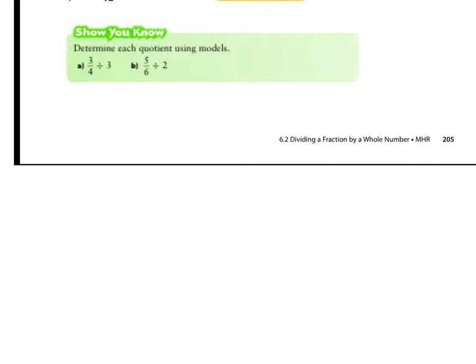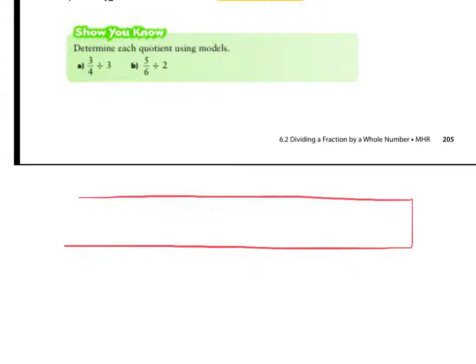So 3/4 divided by 3. Well, I guess I'll do quarters. I'll just draw a fraction strip. Those are pretty easy. And I will divide that fraction strip up into quarters. And I want to remind you that we're just going to focus on the 3/4 right here.